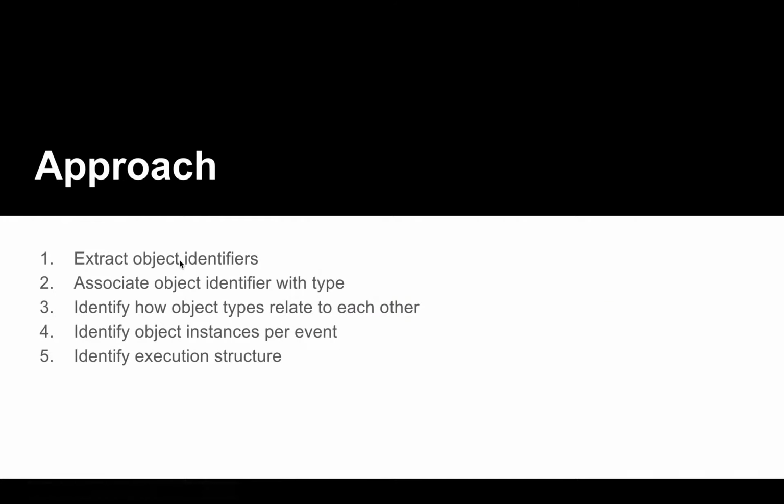So what we can do with that log message is try to extract what's labeled as object identifiers, where an object is literally just an abstraction. There's no intrinsic property about what an object is besides how it's defined. Then the next thing they do, with all these object IDs, is try to associate a type to the given ID. And then once you have a type, let's try to figure out how the types relate to each other, right?